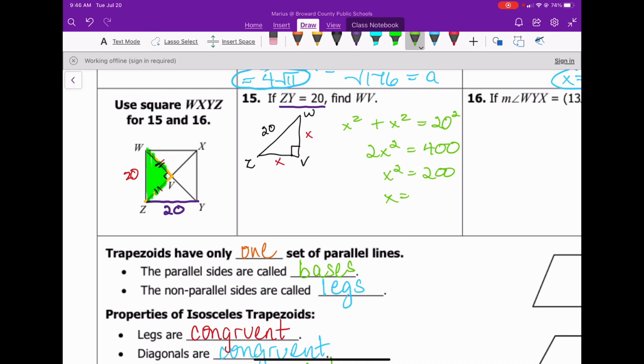And then you know x is equal to the square root of 200. Now we can break that down to say the square root of 100 times the square root of 2, which means that x is equal to 10 square root 2. And like we already did, we know that when we do 10 times the square root of 2, it's approximately 14.1.